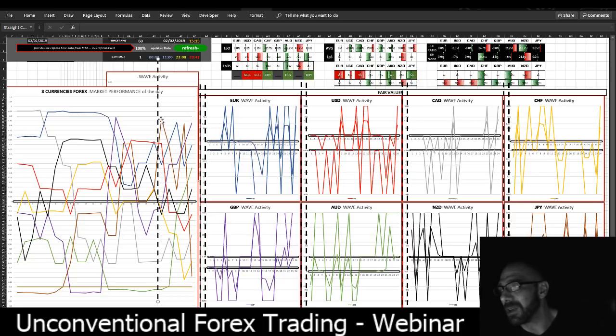So we have yen, we have dollar, the red one. Also, we have euro. Okay, but let's say that the most significant ones are Aussie, CAD, and yen, because the others are into the middle, and we want to avoid these situations.